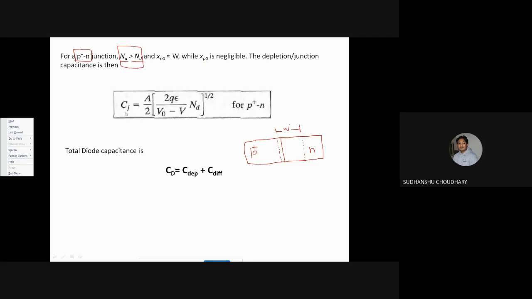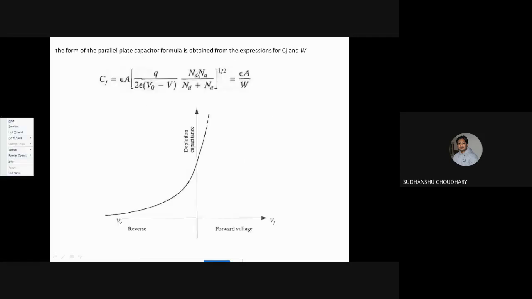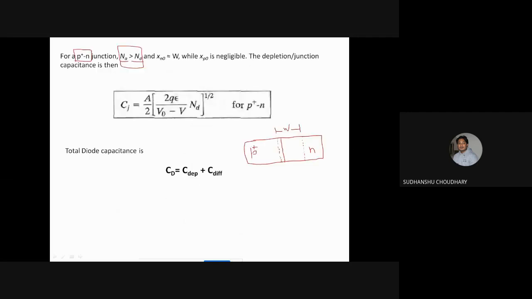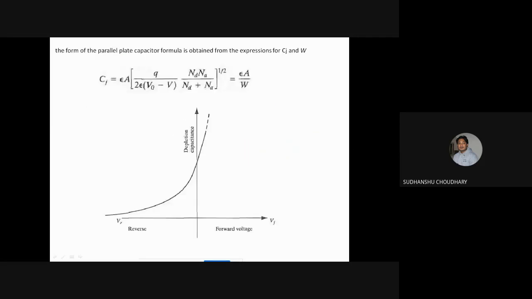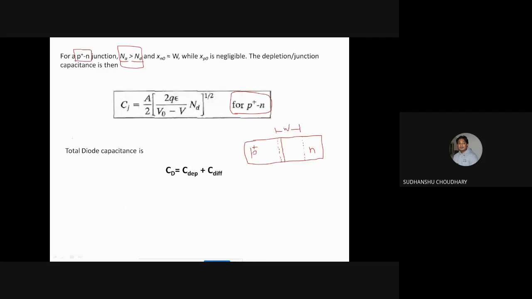One can modify this relation: since Na is very large, the junction capacitance for a P plus N junction, that is, heavily doped P side and lightly doped N side, now becomes equal to this.